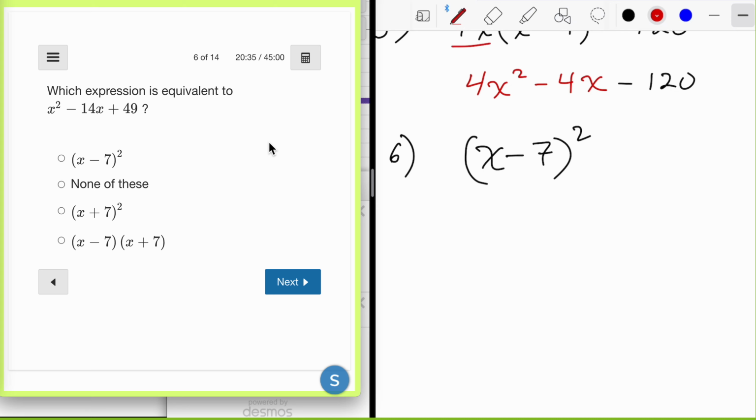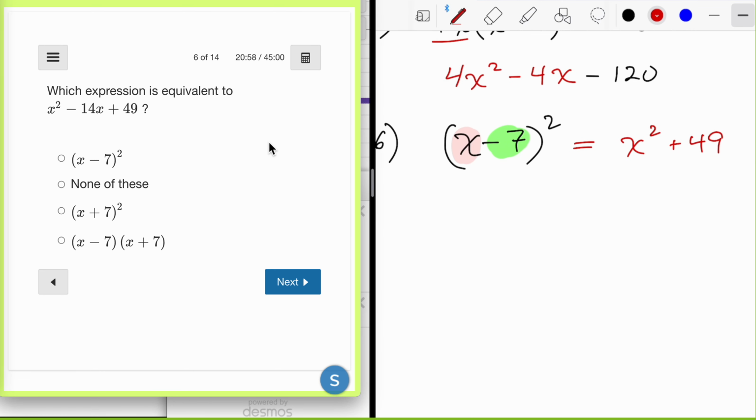Everybody makes mistakes, but you don't want to be constantly making the same one. So what students do is they square the x, they square the negative 7, and they say that's what it's equivalent to. But that's not true.